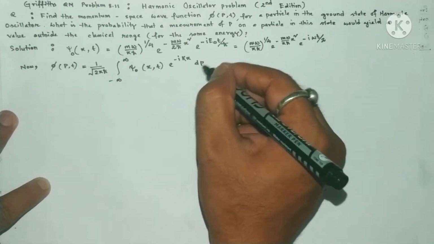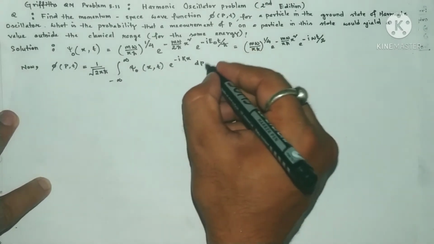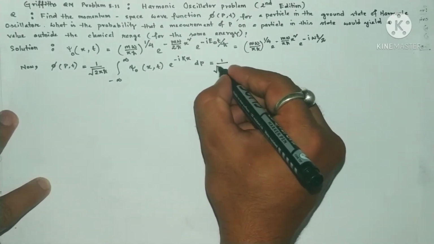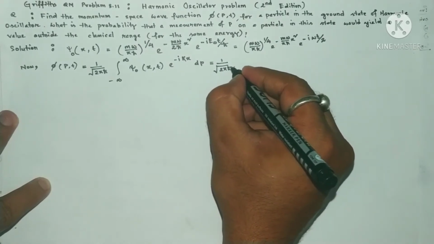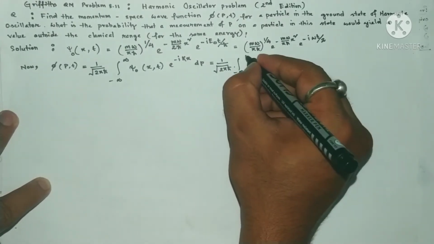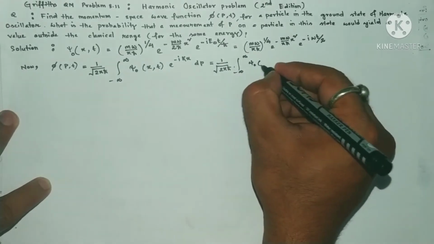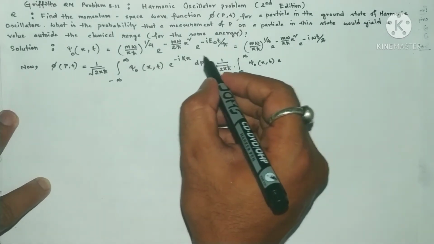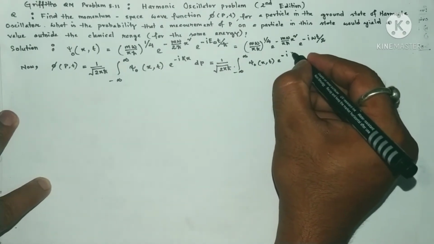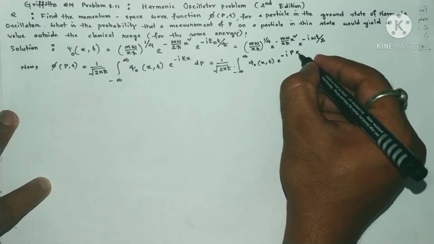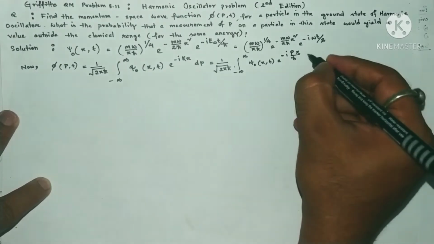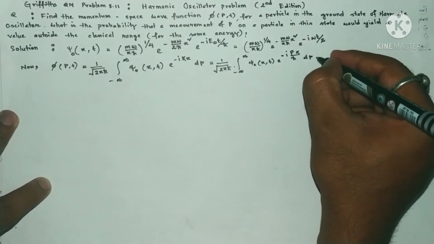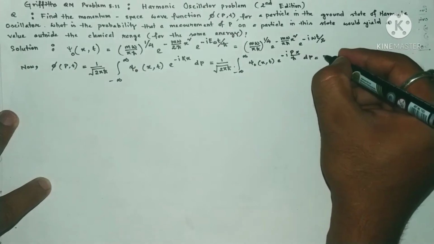But we have to change this k in terms of p, since the integration is based on p. We know that p equals k h cross, so k is p by h cross. Then we have dx. Now we replace psi naught with the ground state wave function.